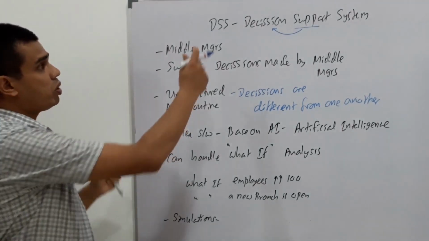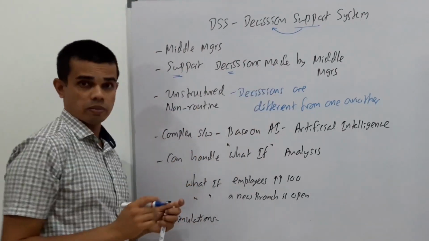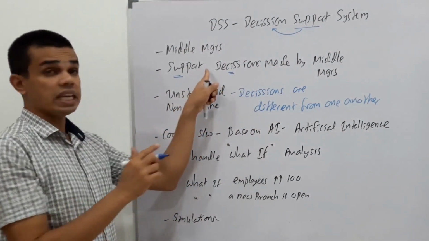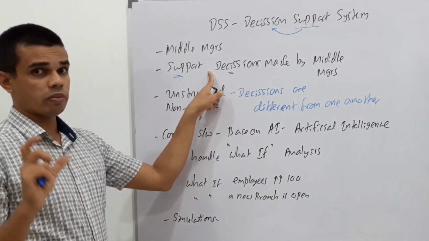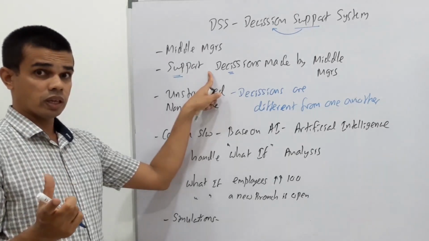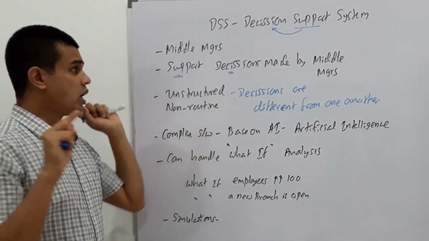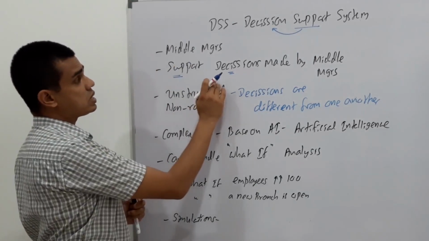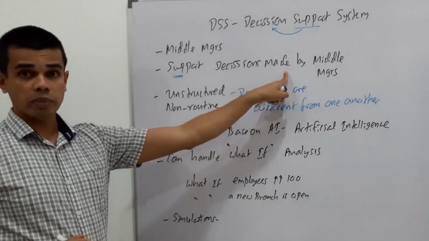The main job of the DSS is to support the decisions made by the middle managers. This is not making decisions. Remember that managers are not depending totally on a computer-based system. So they use their own brain. Humans are more intelligent than computers. Therefore, what the DSS does is support the decisions made by the middle managers.